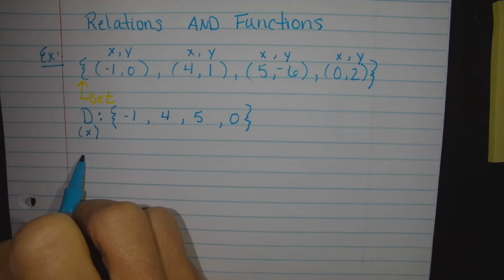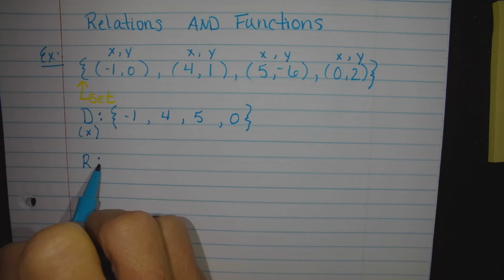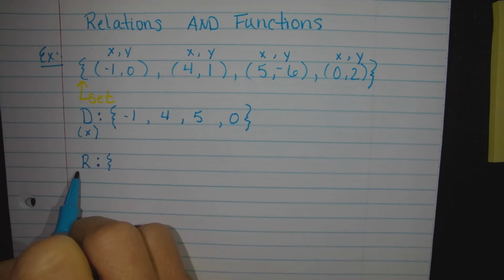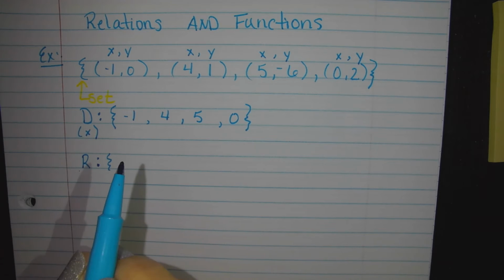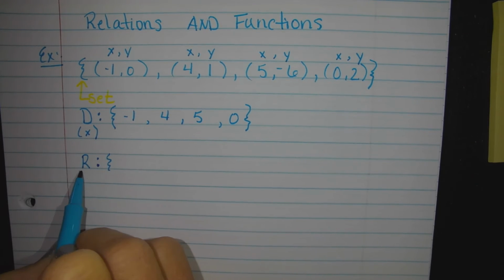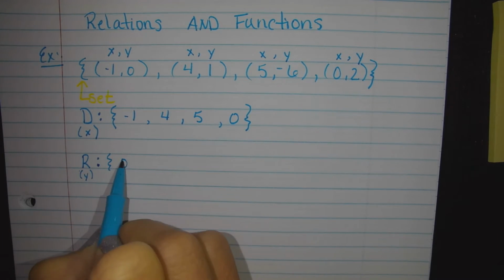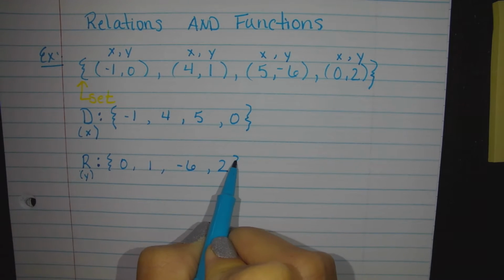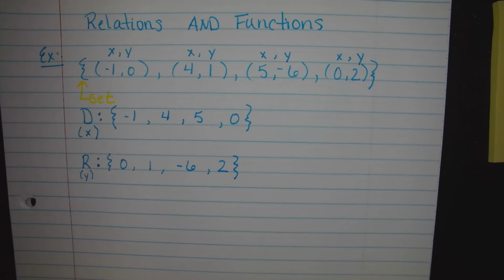So if the domain is X, what is the range? Anybody? 0, 1, -6, 2. Right, I'm looking for Y. Good, Allison. 0, 1, -6, and 2. So there's two questions I can ask. What is the domain? What's the range? Pretty easy, right?